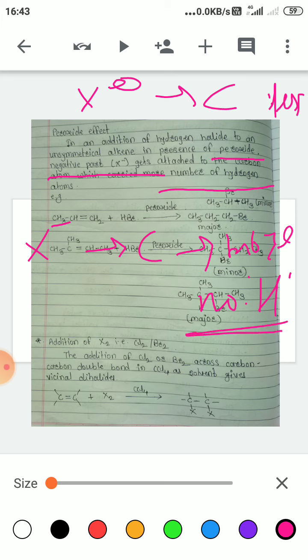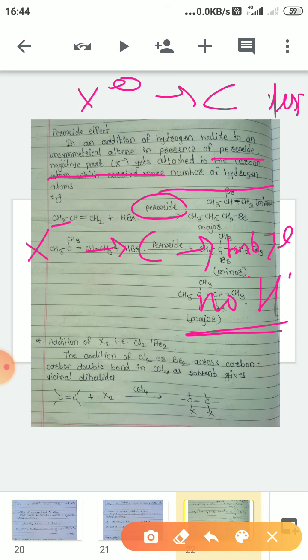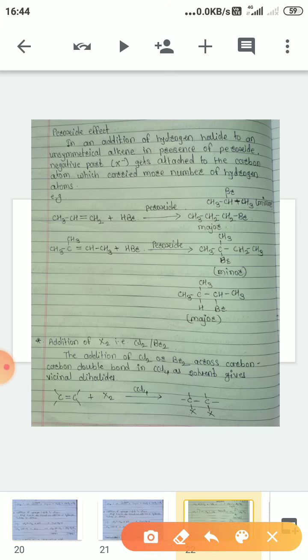and this occurs due to the presence of peroxide, and therefore this rule is called the peroxide effect. We'll see examples. First, consider propene, CH3 CH double bond CH2.